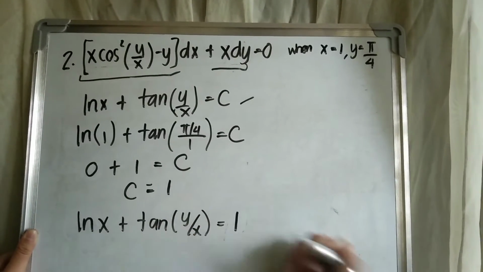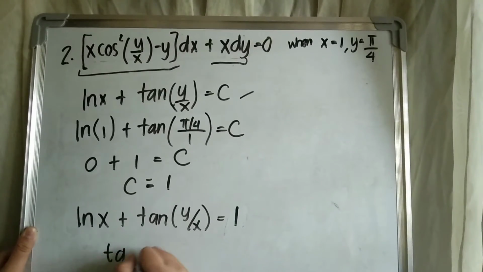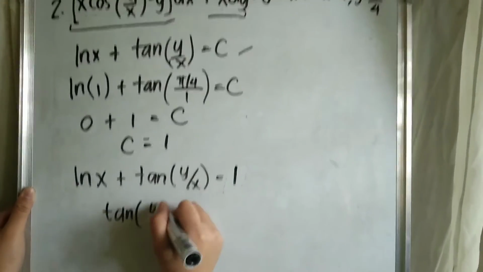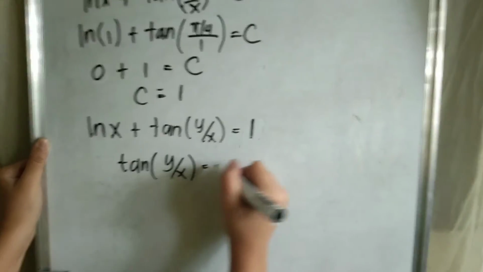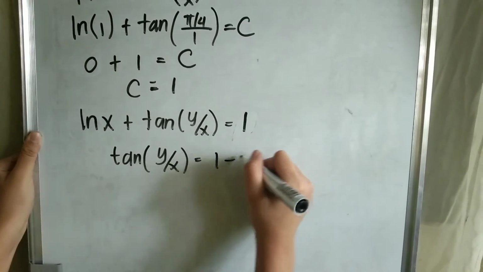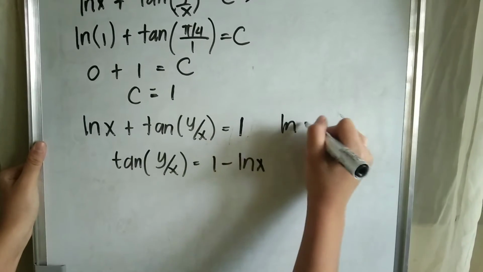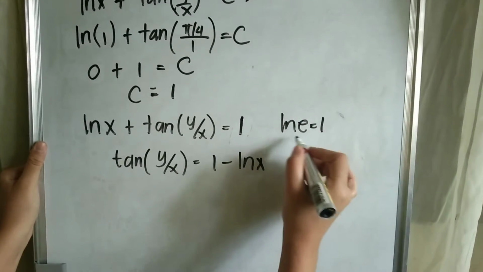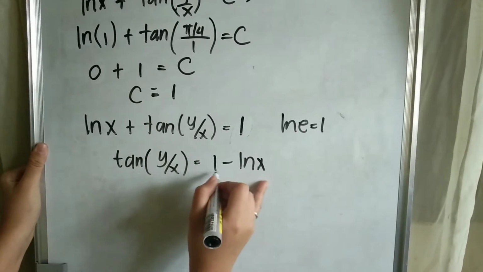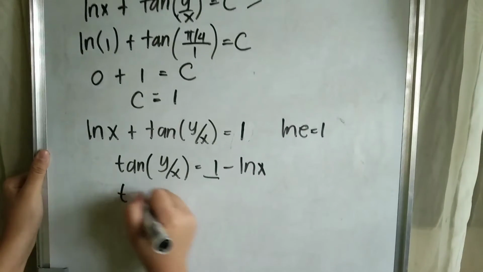So tan of y over x equals 1 minus ln x. And we know that ln e equals 1. So we will change this 1 here into ln e.